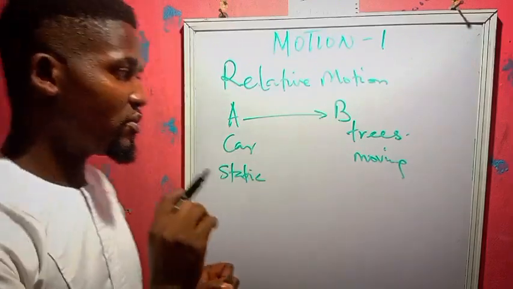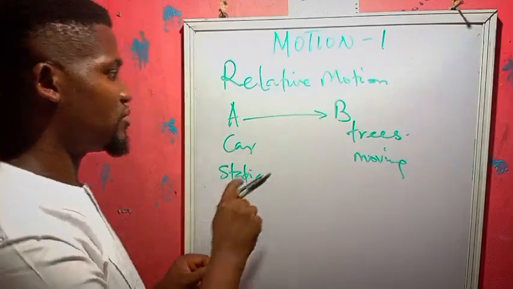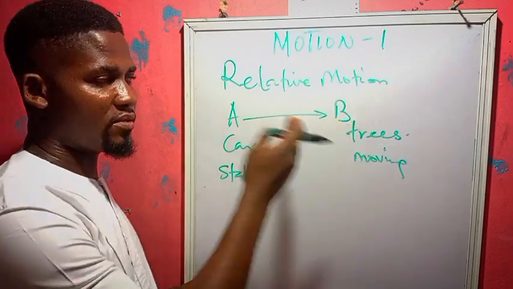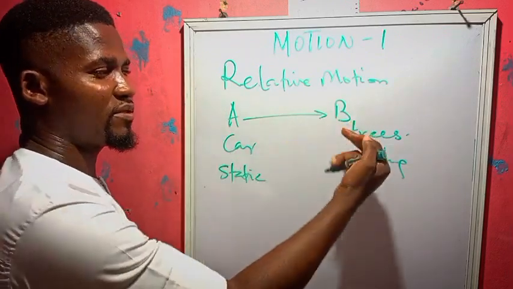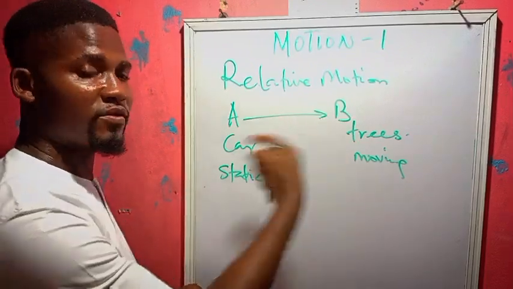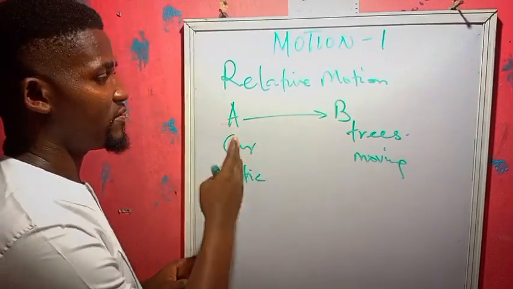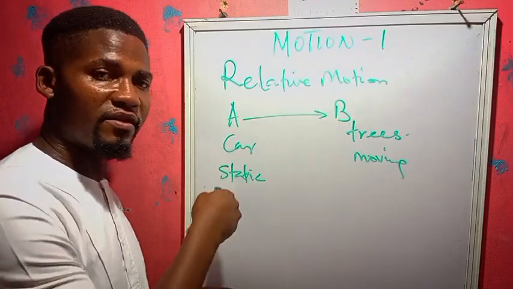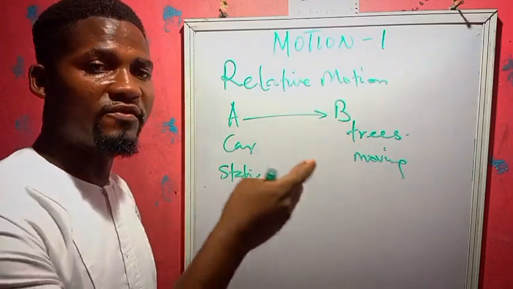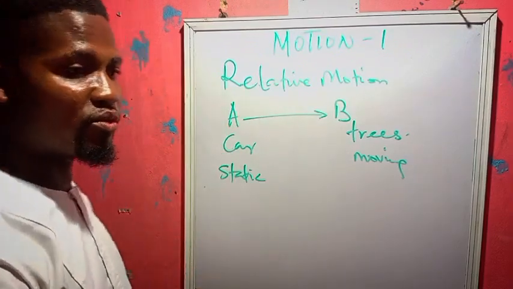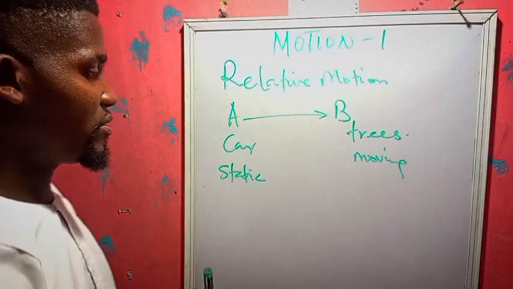But we define relative motion as the motion of a body A with reference to B. Using B as the reference for the motion of A, that's relative motion between two bodies.